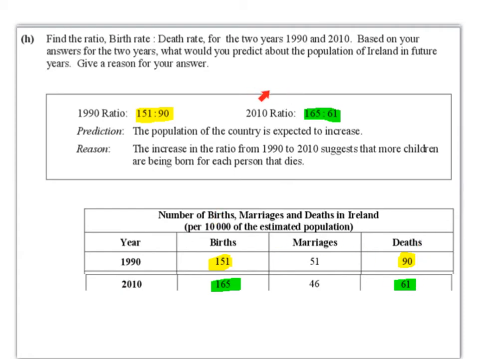So for 2010, the ratio is 165 to 61. Prediction. The population of the country is expected to increase. And the reason is, the increase in the ratio from 1990 to 2010 suggests that more children are being born for each person that dies.